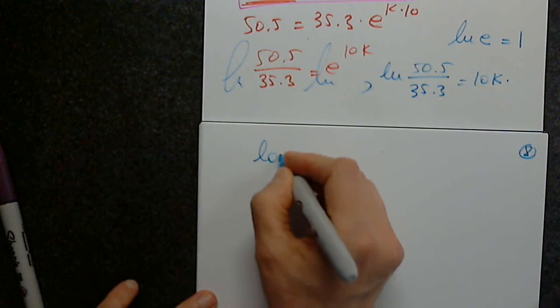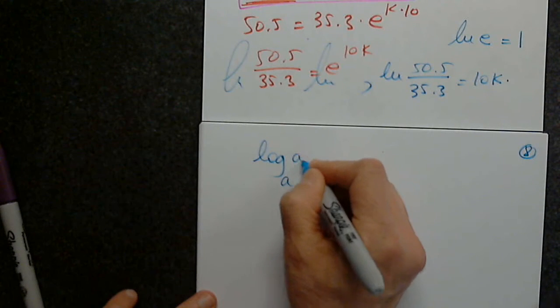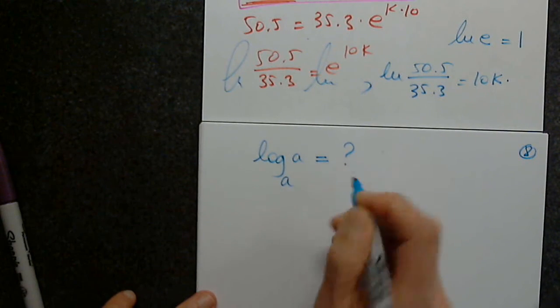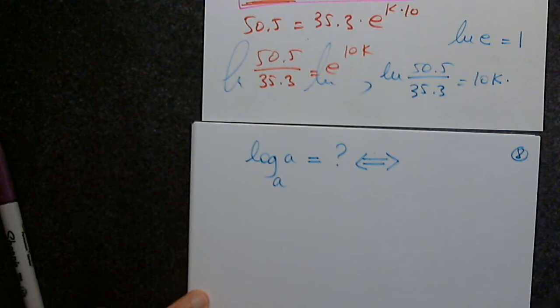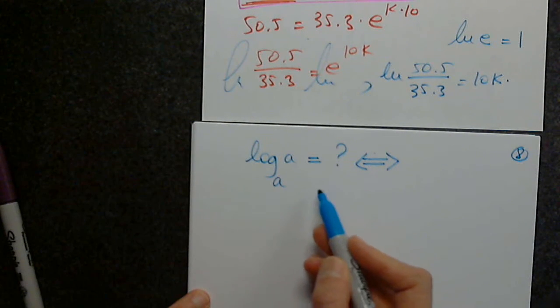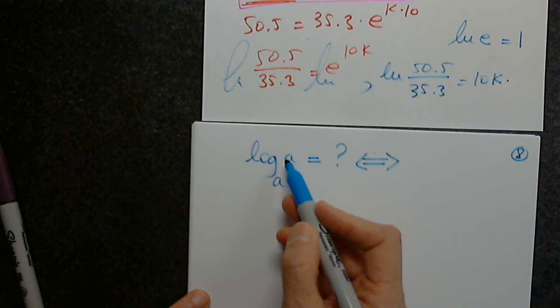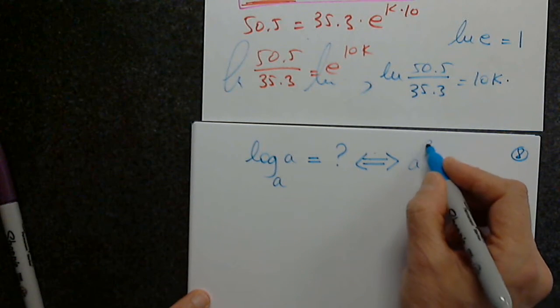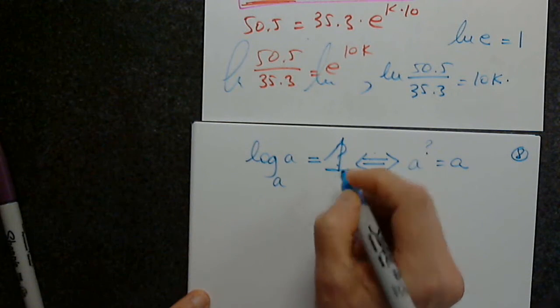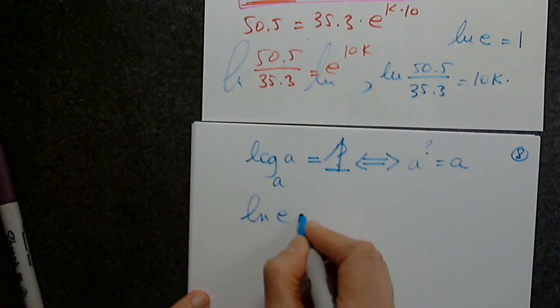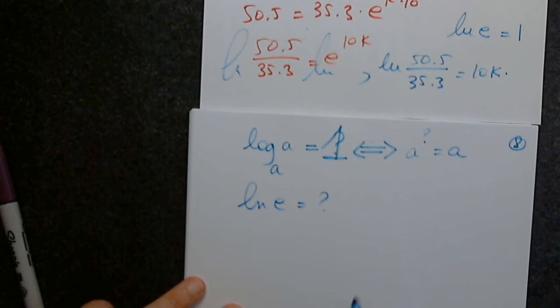So let's say log base a of a is unknown. I have no clue what it is. But I know that I can change this into an exponential equation. A raised to which power is a? Exactly. So that's the same reason why I have no idea what natural log e is.